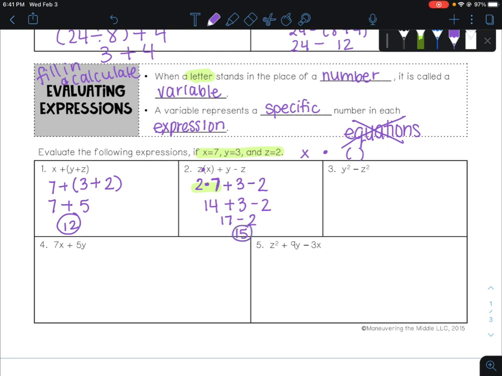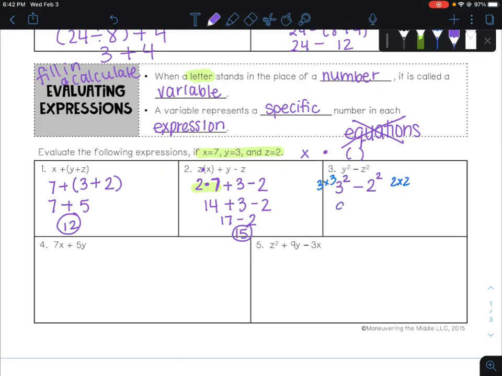Okay, for number 3, wherever you see a y, you fill in a 3. So 3, and then keep the squared. Keep the operation in the middle. Z is 2, and z is squared, so 2 squared. Remember that the squared means that number times itself.